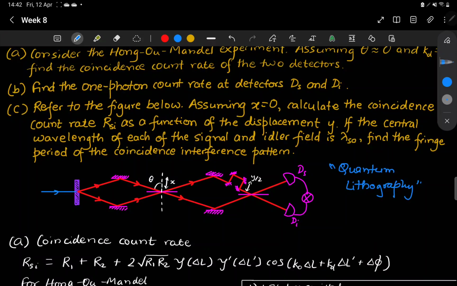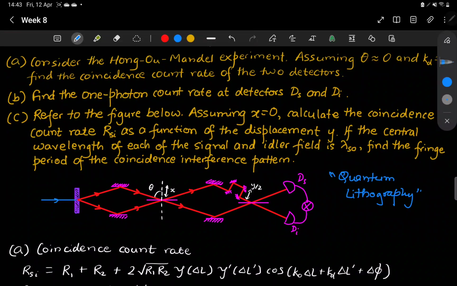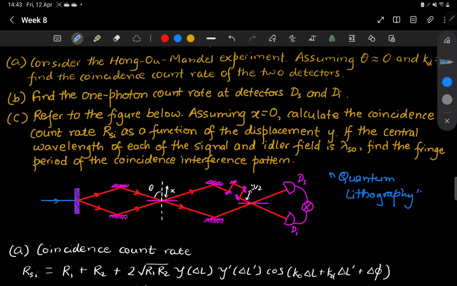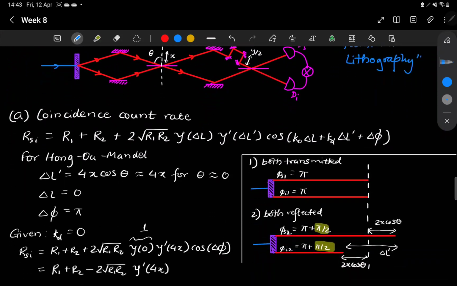So let me just read out the question once again. Part C says, refer to the figure given below. Assuming x equals 0, calculate the coincidence count rate Rsi as a function of the displacement y. If the central wavelength of each of the signal and idler field is lambda s naught, find the fringe period of the coincidence interference pattern.